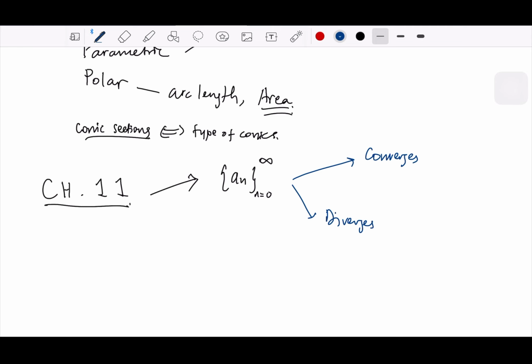And then based on the definitions, we need a monotonic sequence that is bounded, and we know that this will converge.